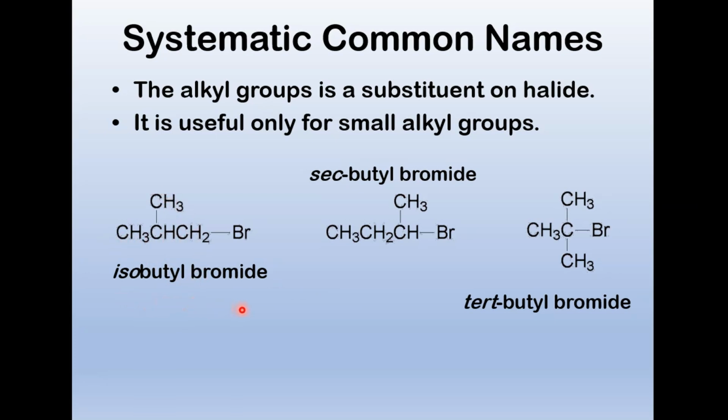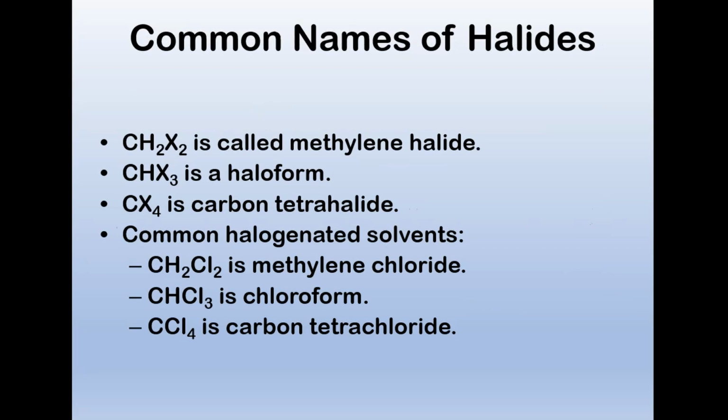Isobutyl bromide, sec-butyl bromide, tert-butyl bromide. And you should know this. If not, go watch the video on it. So you learn your alkyl groups early. It'll help you all semester long.